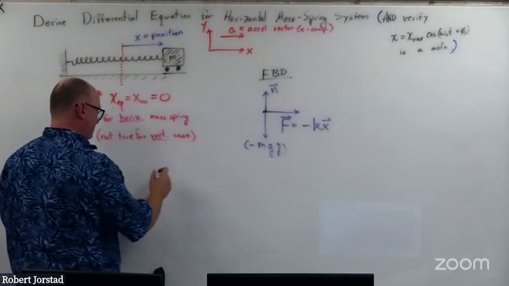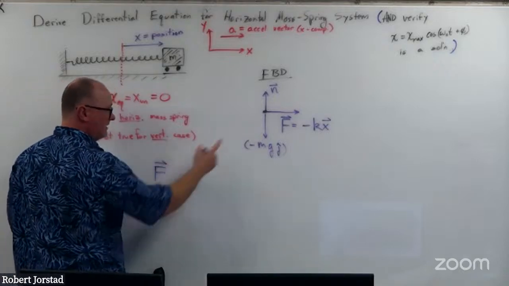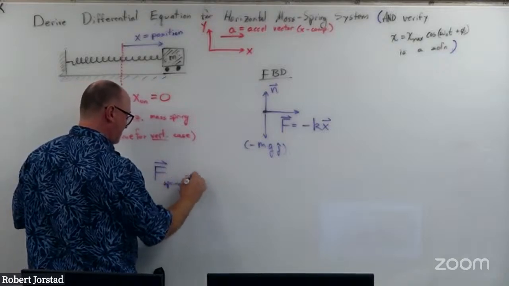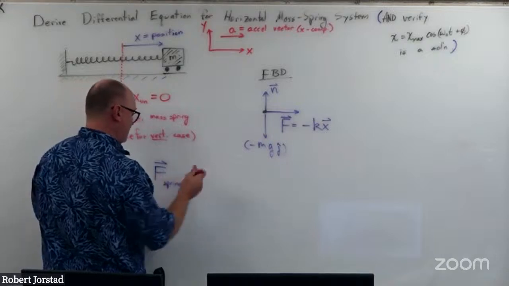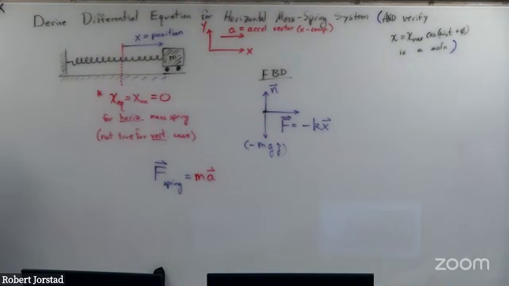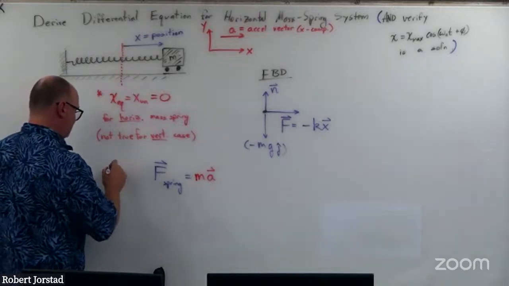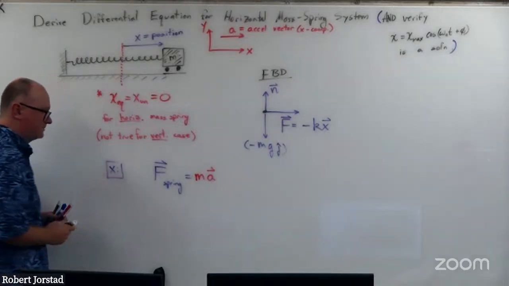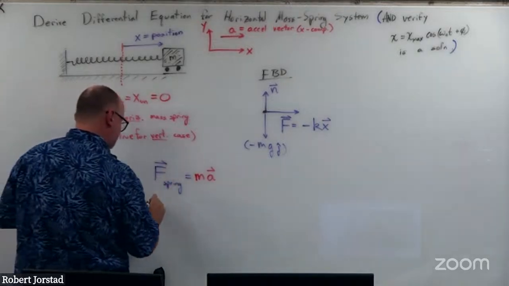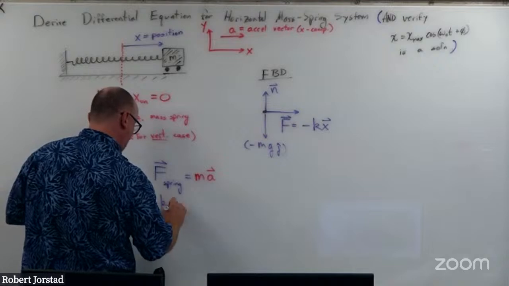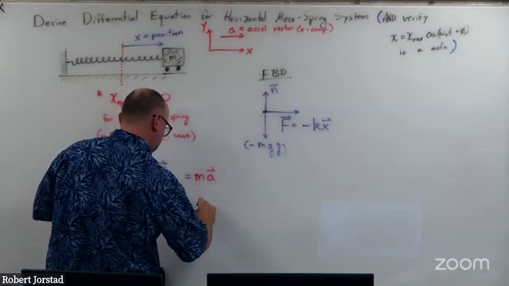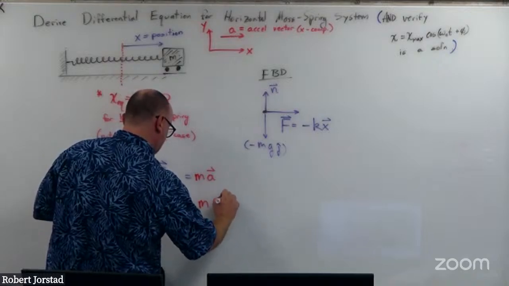Writing the force equation, the force from the spring equals m times acceleration. This is the x direction here. So I could rewrite this as minus k x in the i hat equals mass times acceleration in the i hat.